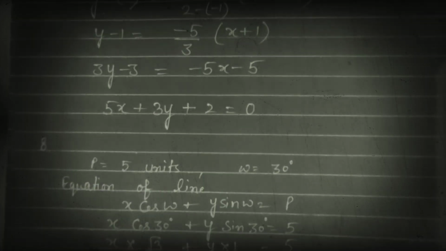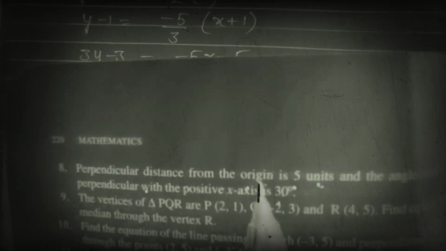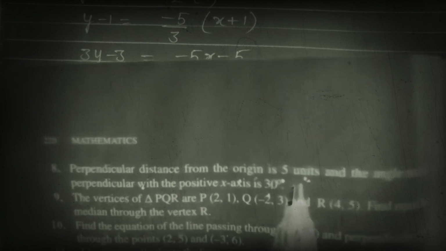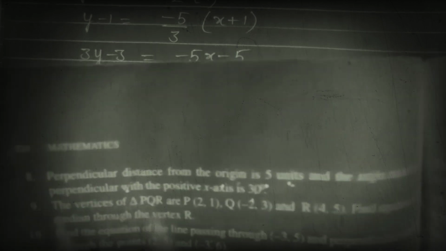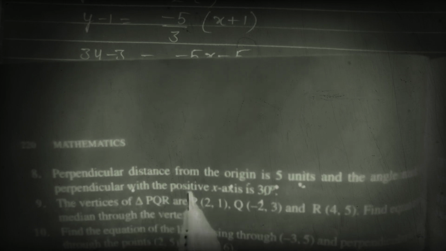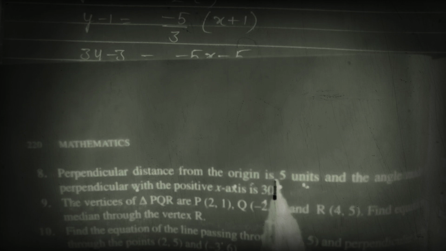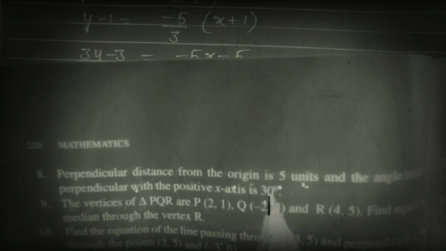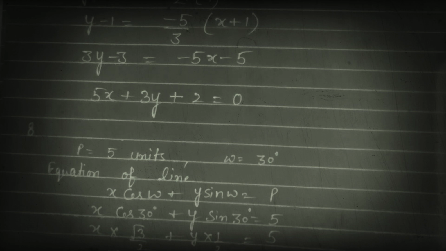Now come to the 8th question. In the 8th question, the perpendicular distance from origin is 5 units and the angle made by the perpendicular with the positive x-axis is 30 degrees. So this is the normal form. The perpendicular distance P is 5 and omega is 30 degrees. How can we solve this?